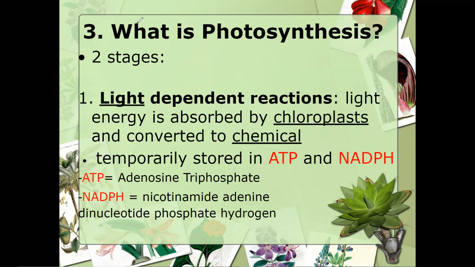So you can probably see why we like to abbreviate those, because nobody wants to say nicotinamide adenine dinucleotide phosphate hydrogen every single time they have to reference that chemical, because that's long. So we call them ATP and NADPH. Once again, energy is being stored in these molecules as a result of your light-dependent reaction.